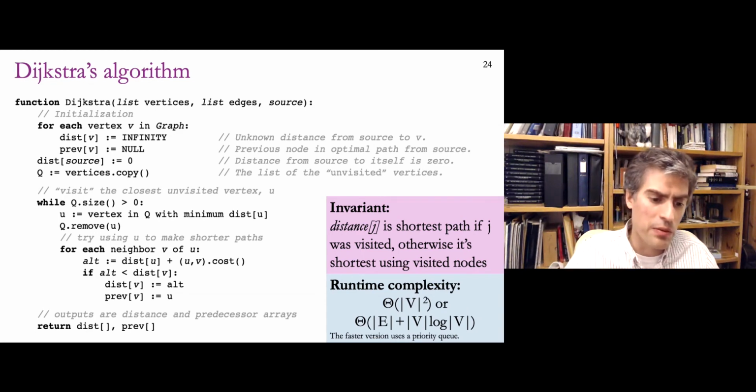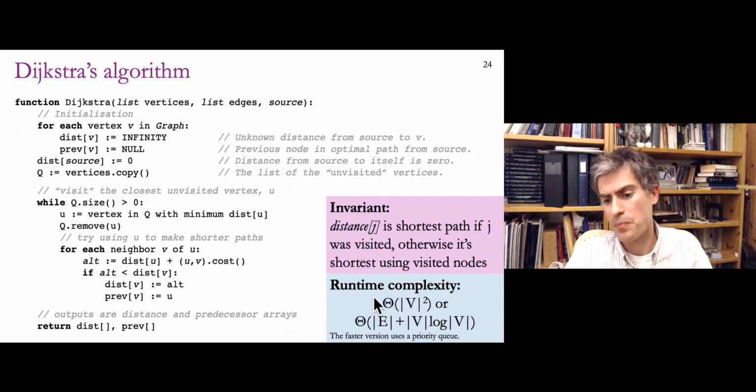It's the same relaxation check as before. So the invariant here is that in every loop, if we have visited a node, in other words, if this node is one that we have pulled off of the queue, then we have the shortest path to that node. And for the other ones, we have the shortest path that uses the visited nodes.